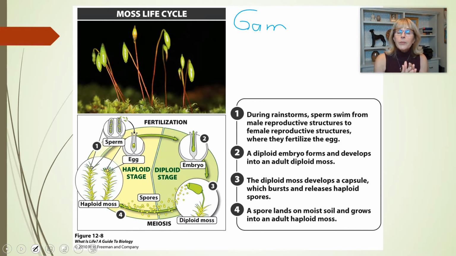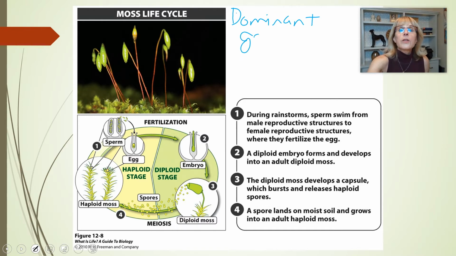But if you are haploid, you just get one copy of every gene, and if it's bad, you're dead. So it is unusual to have what is called a dominant gametophyte generation. The mosses, the liverworts, and the hornworts are the only plants with a dominant gametophyte generation. Gonna be on the quiz.